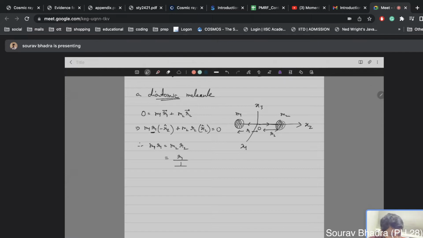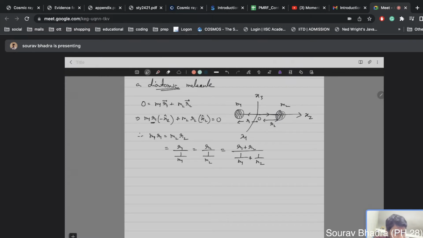Using an identity of mathematics, it can also be written as r1 by 1 by m2 equals r2 by 1 by m1, equals r1 plus r2 by 1 by m1 plus 1 by m2. This we can write using the identity of mathematics. I have forgotten the name of the particular identity.